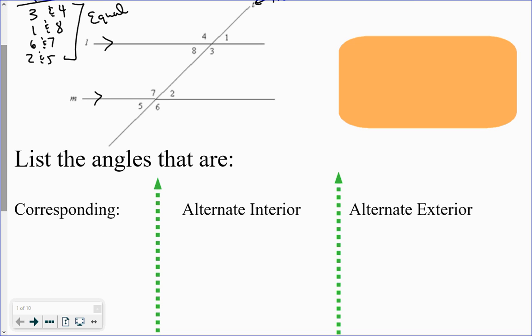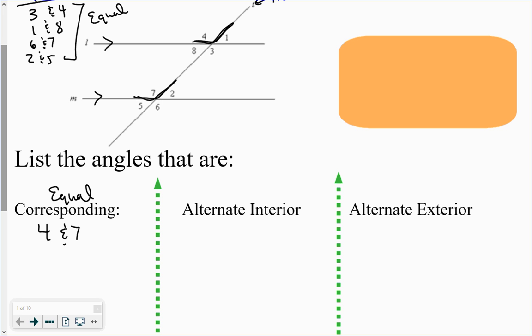So corresponding angles, these angles have to appear on the same side of the transversal, but one of them is from the top 4 and one of them is from the bottom 4. And again, these angles are going to be equal to each other. So for example, if I start with number 4, number 4 is going to be the same as number 7. So 4 and 7 are going to be equal to each other, and their relationship is called corresponding.